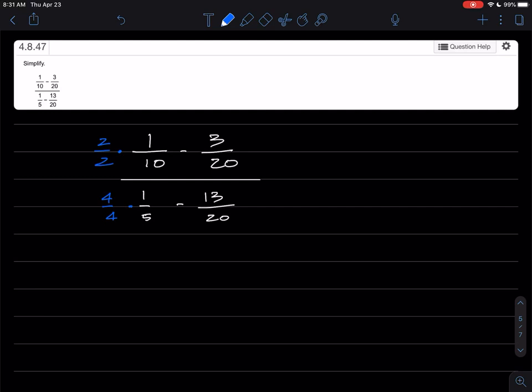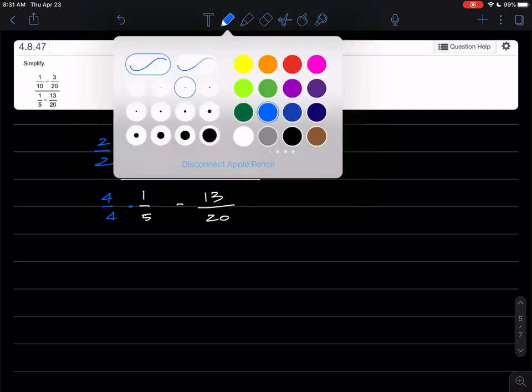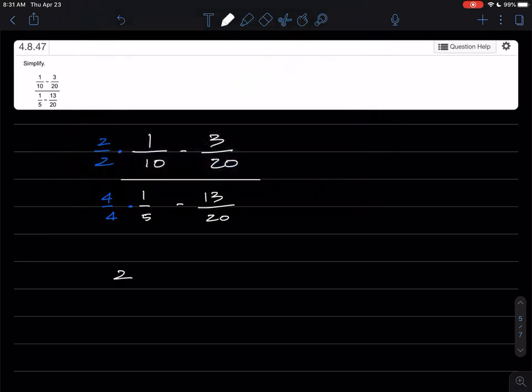Okay, let's simplify. So at the top we get 2 over 20 minus 3 over 20. We're going to divide that by, in the bottom, 4 over 20 minus 13 over 20.